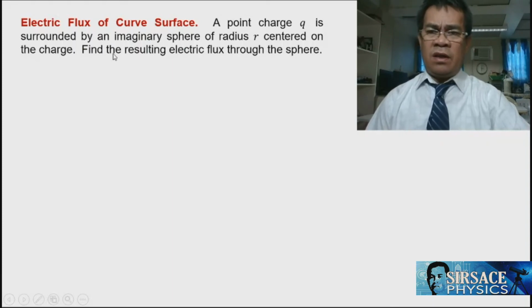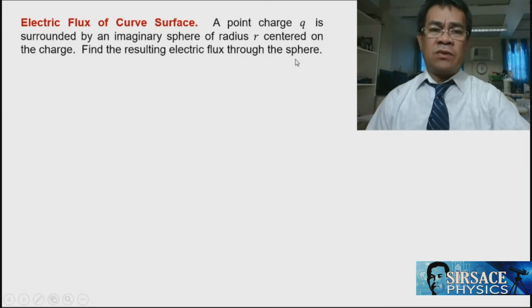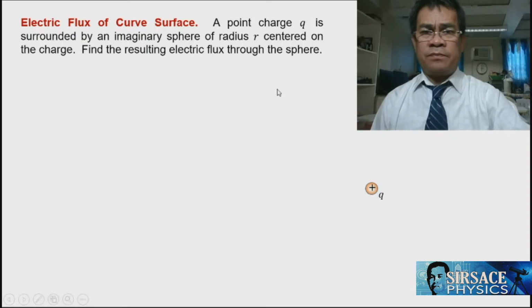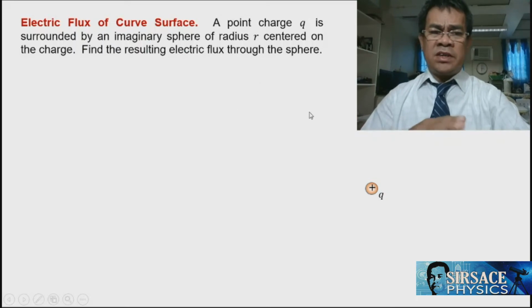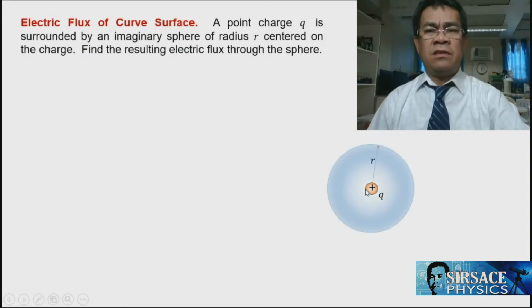So we are asked to find the resulting electric flux through the sphere. So meaning, if we have a charge, for example, this is given as Q, and this charge was enclosed by an imaginary sphere whose radius is r, and the charge was placed at the center of the sphere.